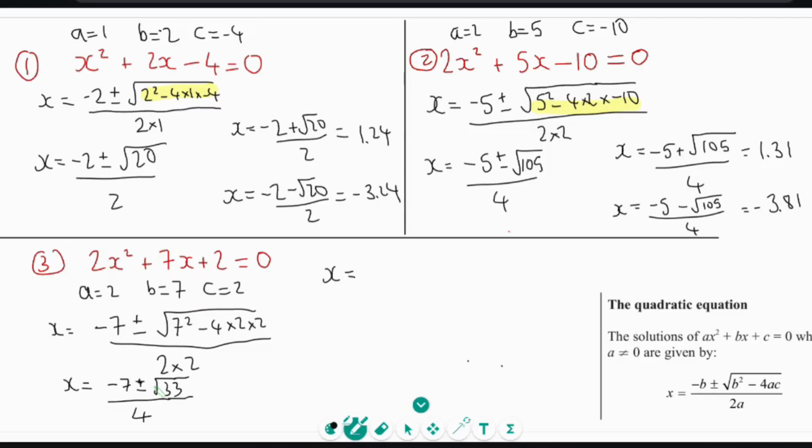So we have minus 7 plus root 33 all over 4, and then we have minus 7 minus root 33 all over 4.